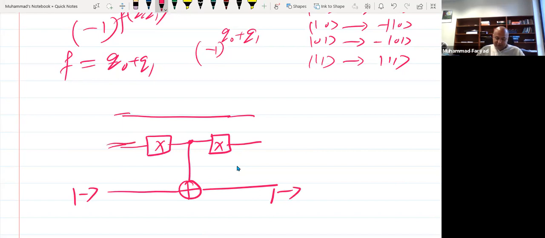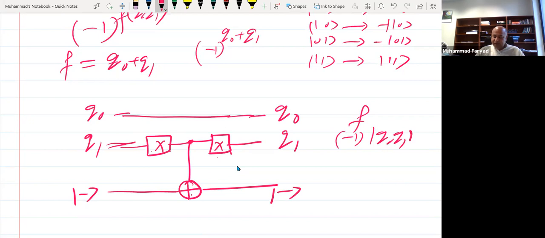So let's say this is Q0, this is Q1, and you can guess that over here you are getting Q0, Q1 as it is, because I did an X gate over here, performed a CX with respect to this, but then flipped it again. So I can now implement another function F, such that Q0, Q1 will go to (-1) raised to power F, but now with a different function.